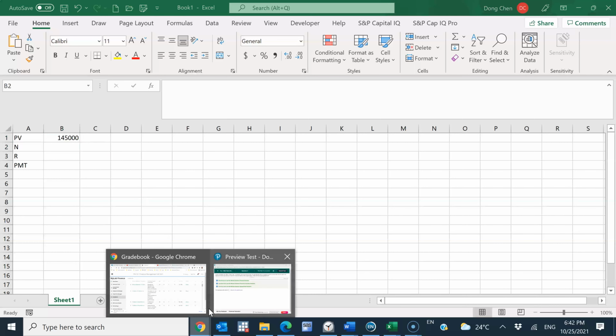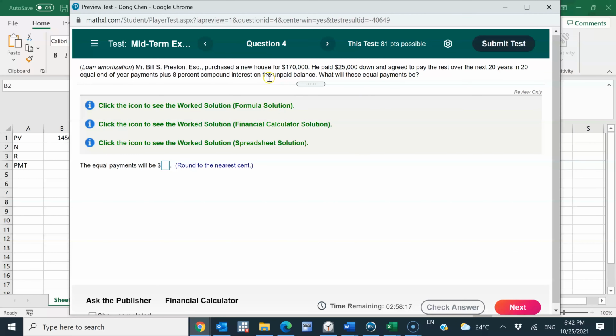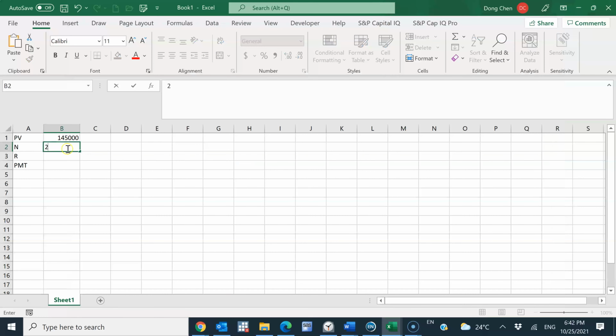The number of payments will be 20, and R, the interest rate, will be 8%. I already have the percentage sign.